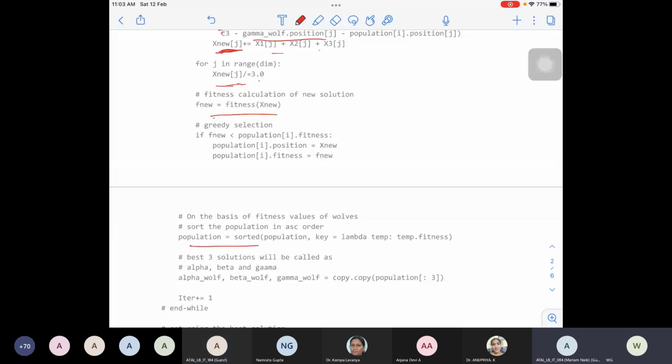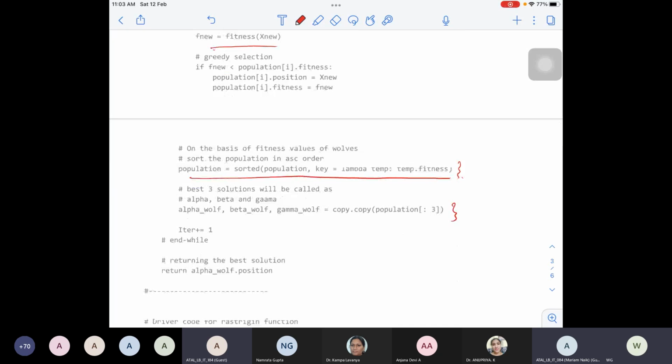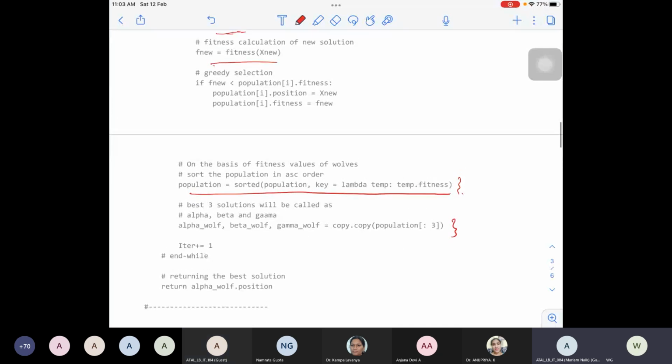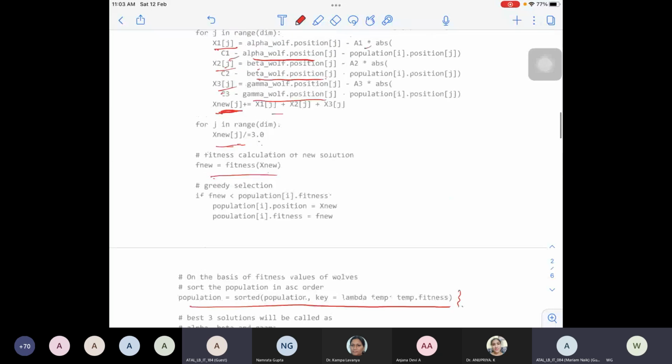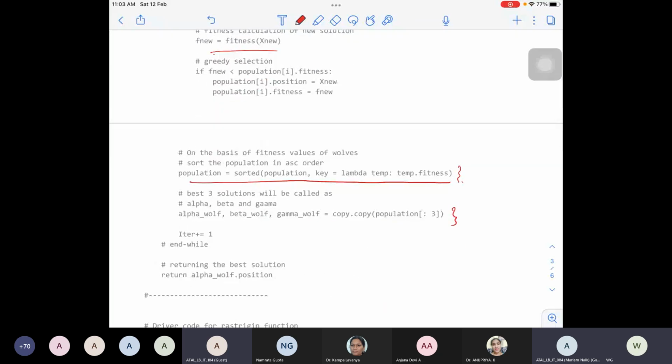Once more you sort the entire set of fitnesses and assign the top three to the alpha wolf, beta wolf, and gamma wolf, and you keep repeating these steps for the maximum number of iterations to finally get the alpha wolf position, which is going to be the solution, right?